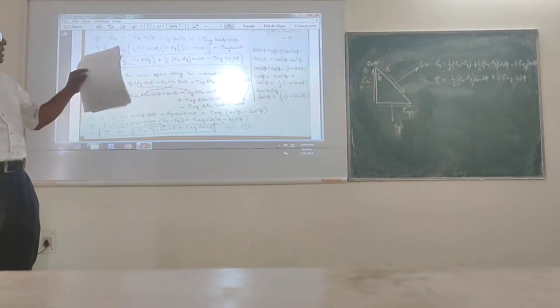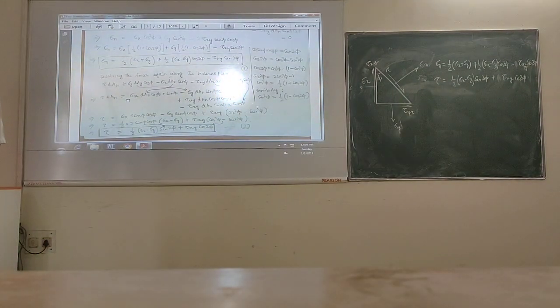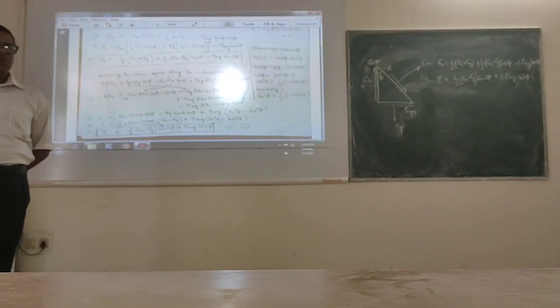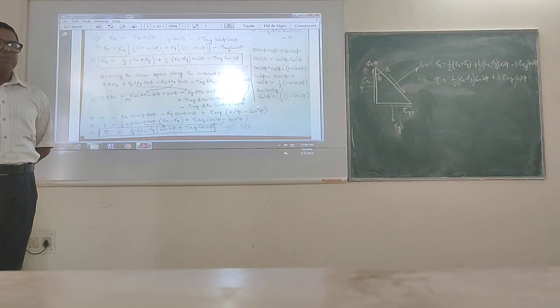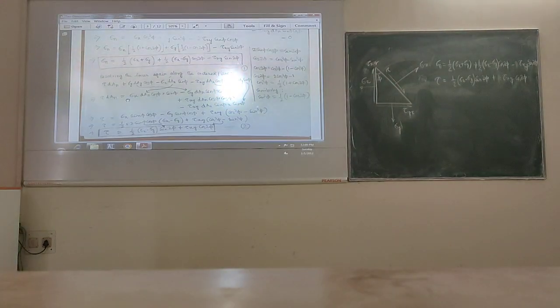These can be expressed in terms of sigma x, sigma y and tau xy, and in terms of the included angle phi, right?